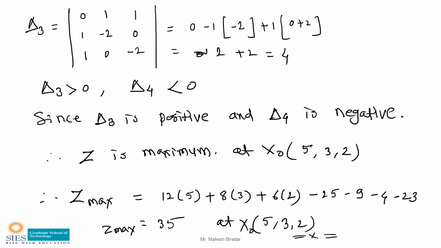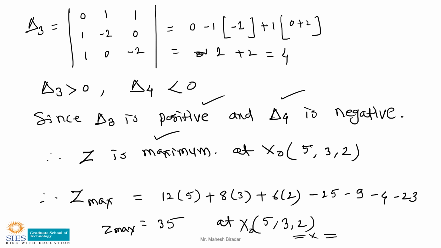So in this way we have seen an example of NLPP. We have solved an example of NLPP with 3 variables and 1 equality constraint. So here we need to find delta 3 and delta 4. If delta 3 is positive and delta 4 is negative, z is maximum.